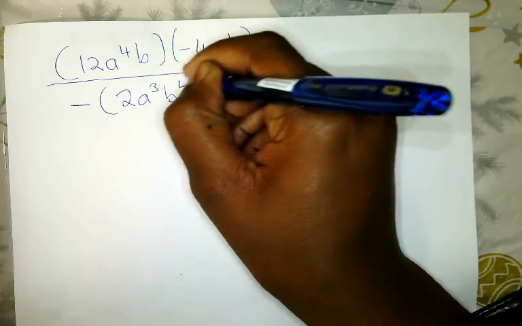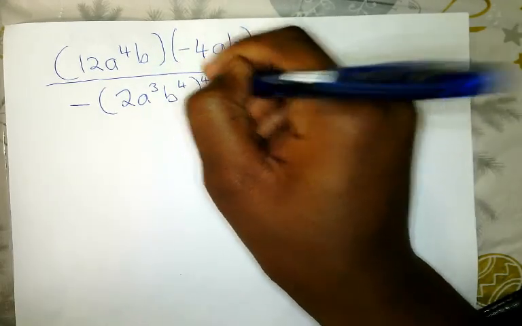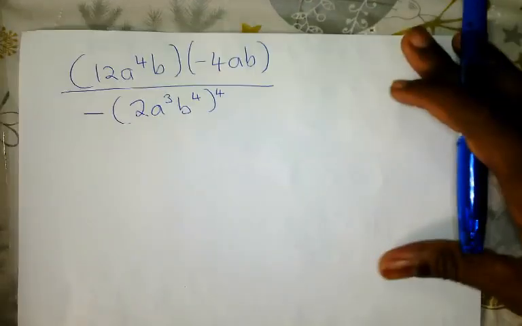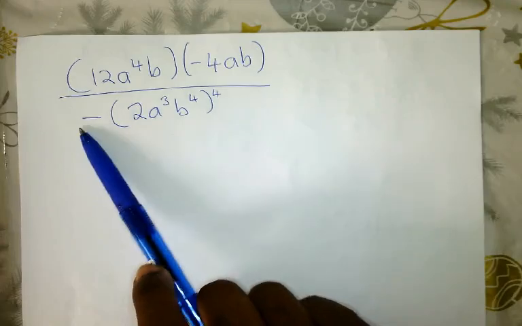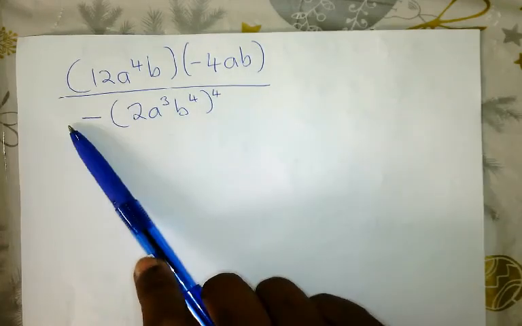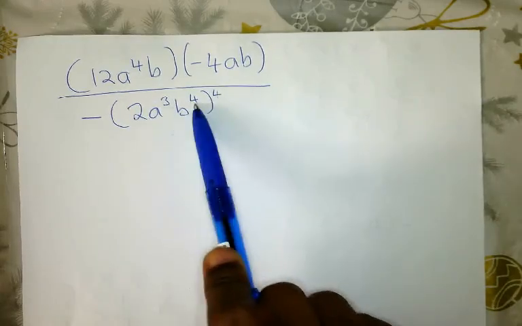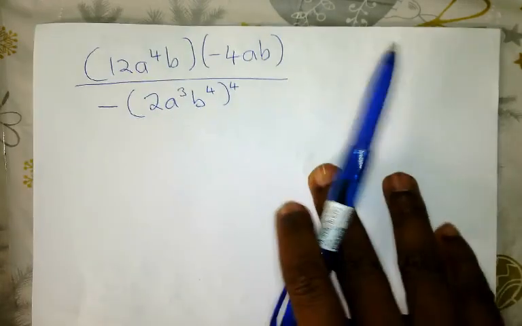Now look carefully on your screen. This negative, is it inside the bracket or outside the bracket? It's outside the bracket. So it's not affected by even numbers and odd numbers.